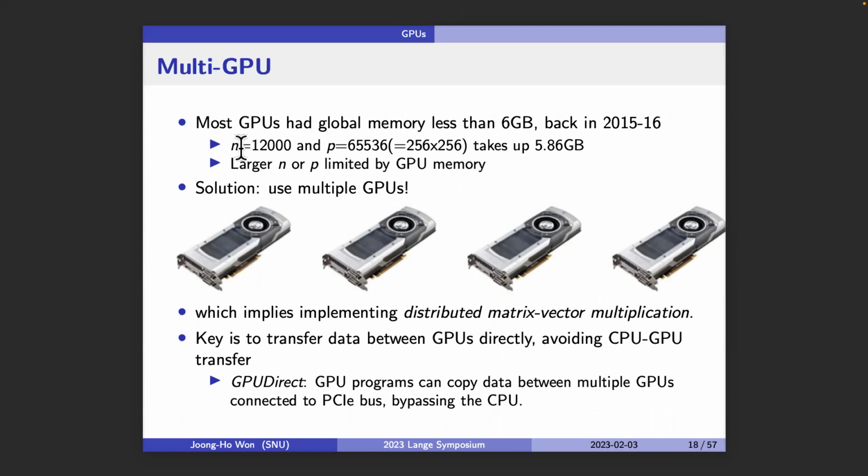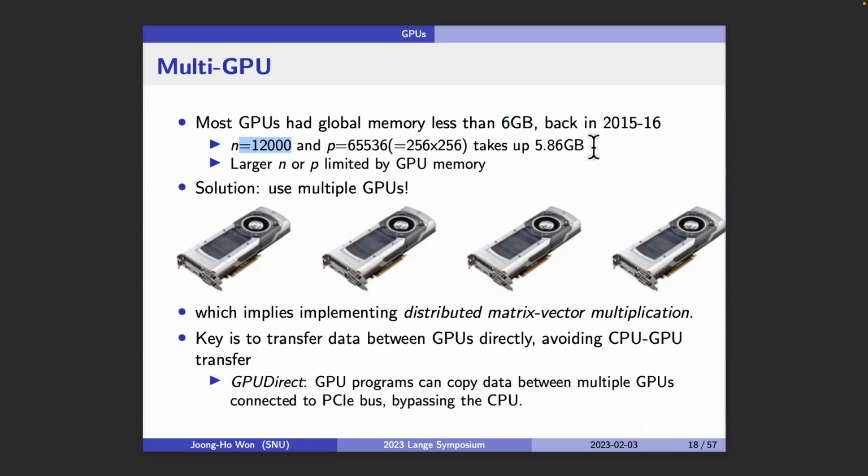But there was another technical limit. That's the memory. Most GPUs back in 2015 had memory less than 6 gigabytes. And if you think of a 256 by 256 image, and if we have enough sample size, that basically fills up the memory.